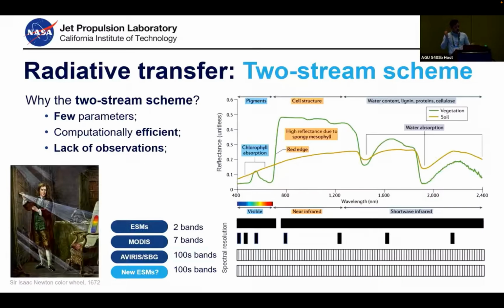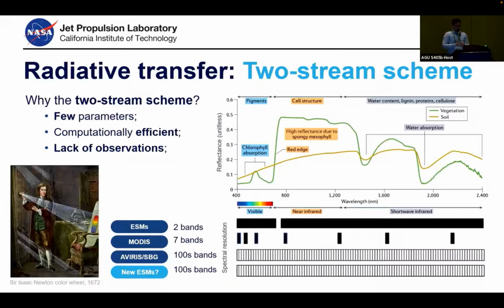In reality, we know since our friend Newton here, in 1672, that light is made of colors. The idea that these Earth system models divide the shortwave spectrum into 2 bands makes sense because, if we think about vegetation, plants photosynthesize only using visible light and everything else can be considered separately.